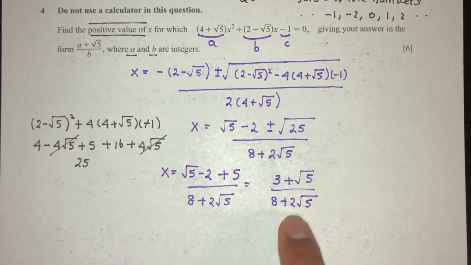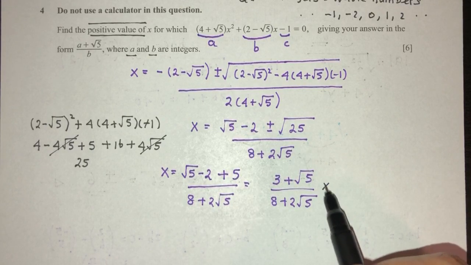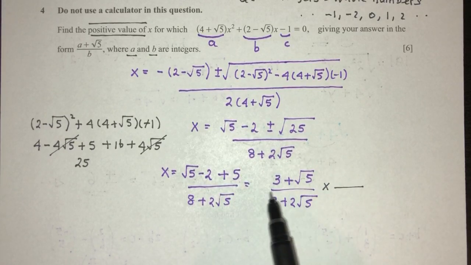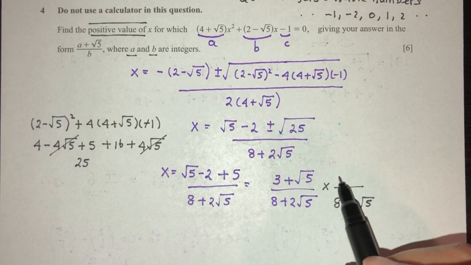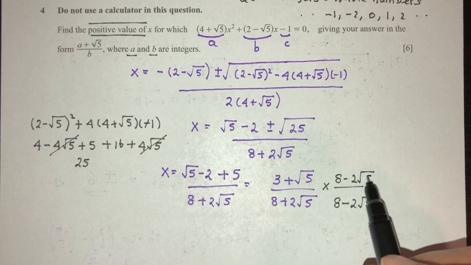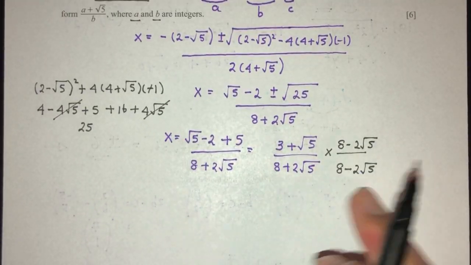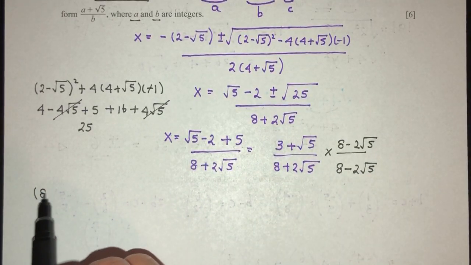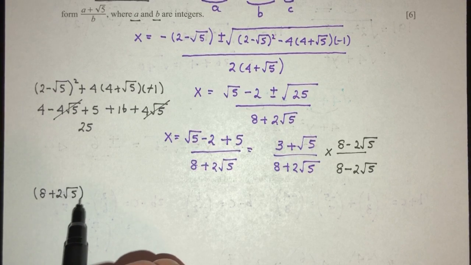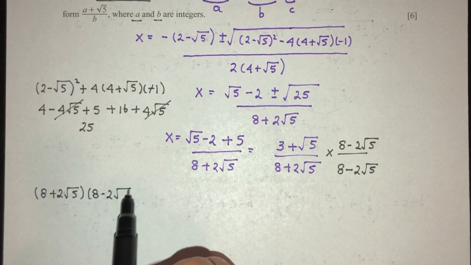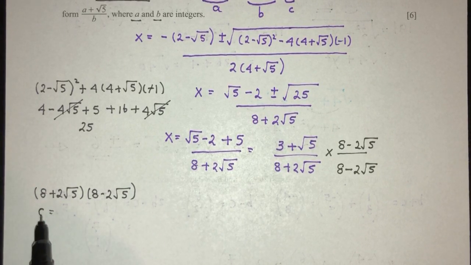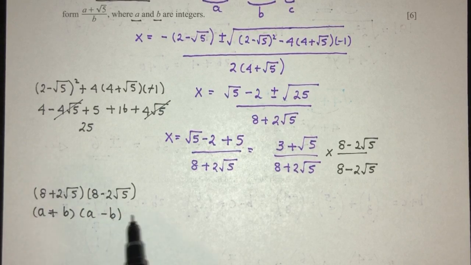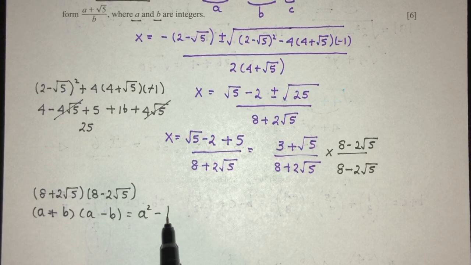So how do you simplify this kind of question? You have to multiply top and bottom by the conjugate of this one, which is 8 minus 2 root 5. So let's simplify the bottom one first. You will have 8 plus 2 root 5 multiplied by 8 minus 2 root 5. That should be equal to, because it looks a lot like a plus b multiplied by a minus b, which is the same as a squared minus b squared.